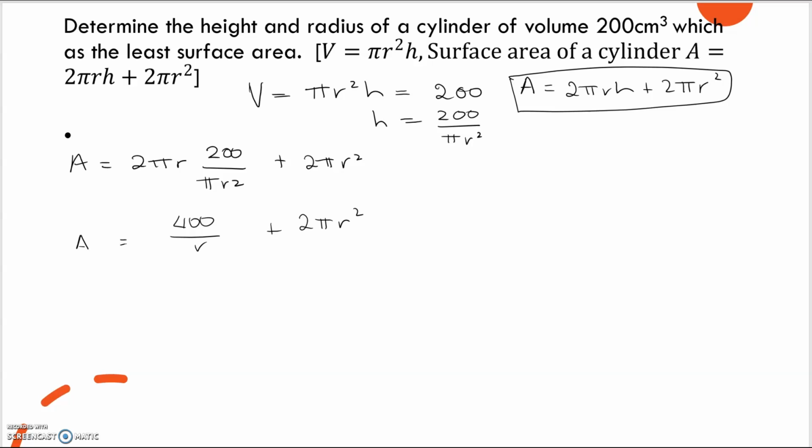Now we have our rule all in terms of r, so now we can find the derivative with respect to r. And because we're optimizing, we set it equal to 0. And we rearrange that.